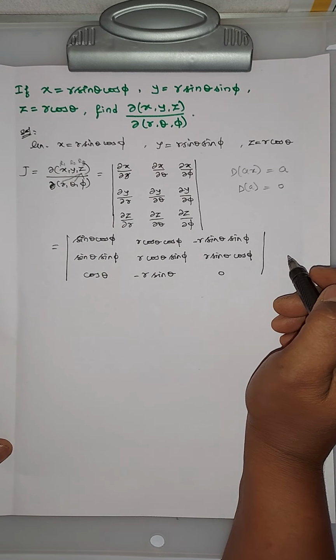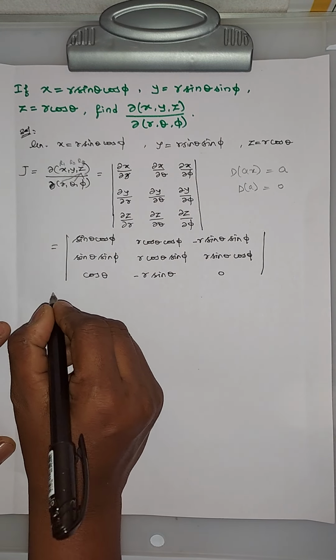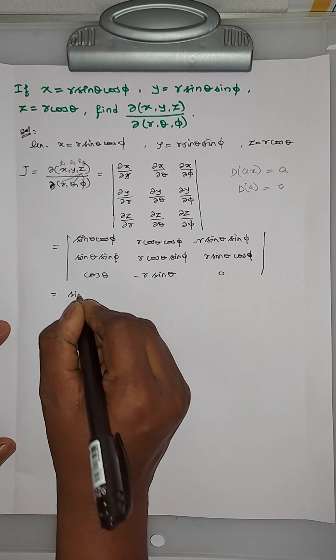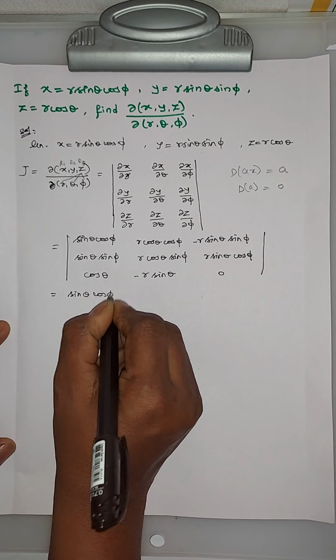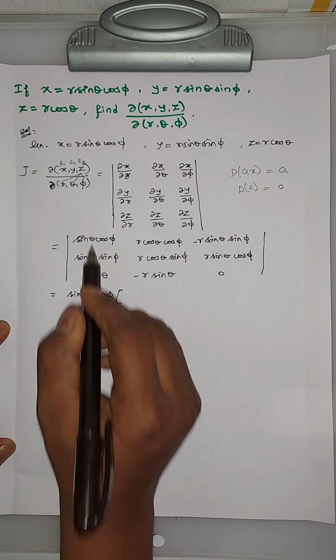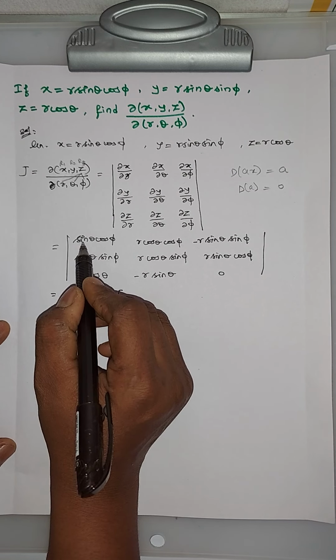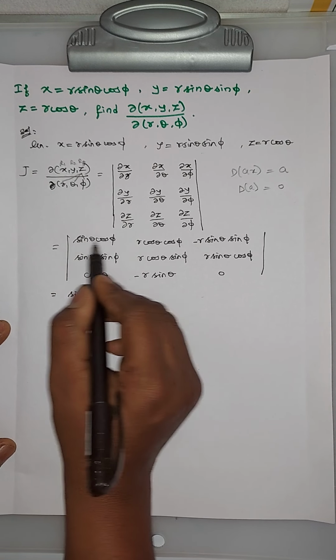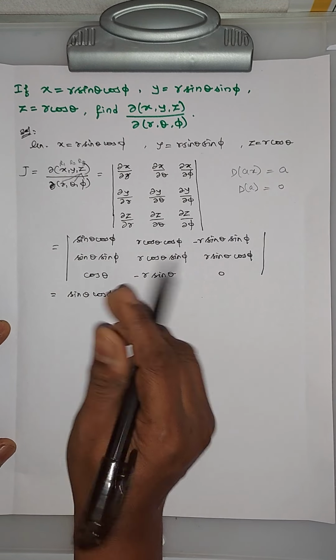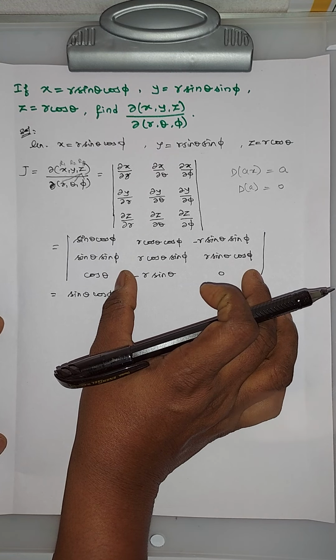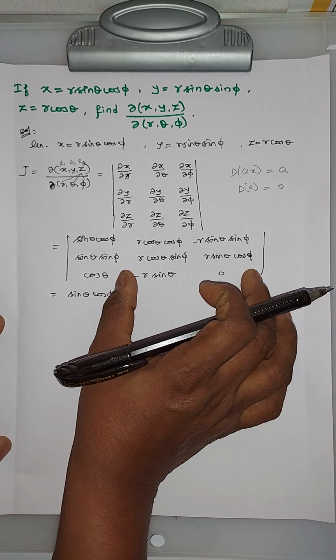Now we know how to solve a determinant, which is equal to, starting with this first value, sine theta cos phi, inside, omitting the respective row and respective column of the element. We have considered this element, so omitting the respective row and column, the determinant of the rest of the values or functions.